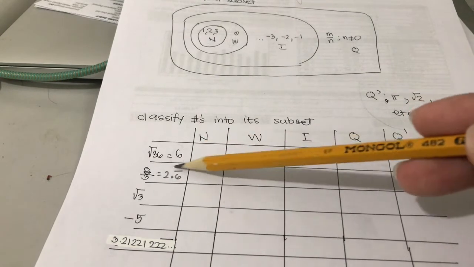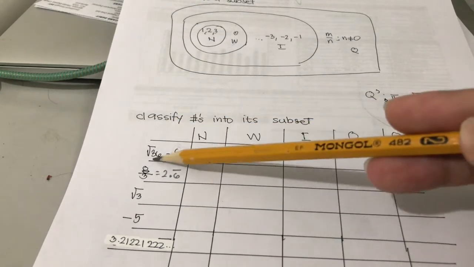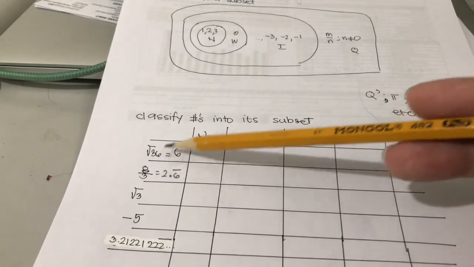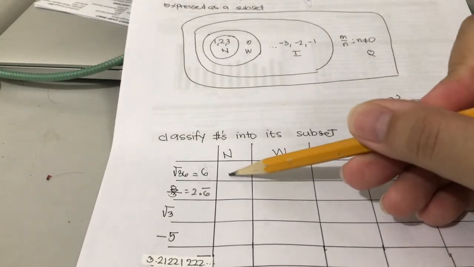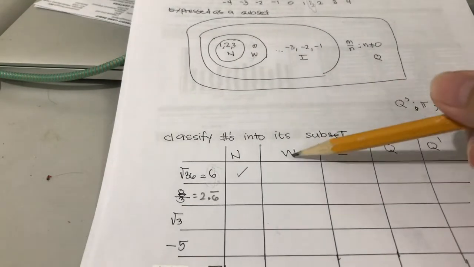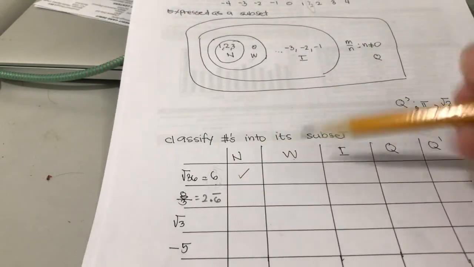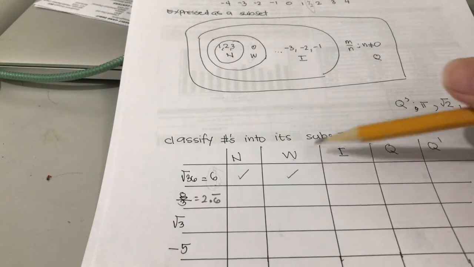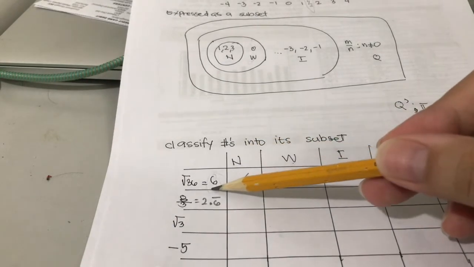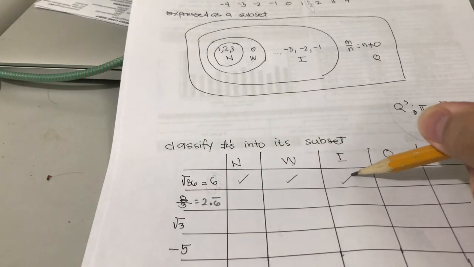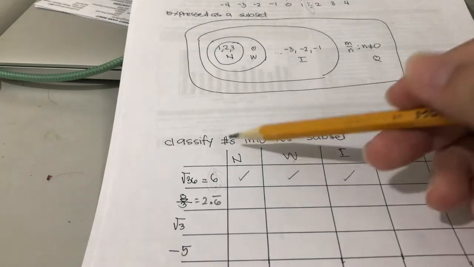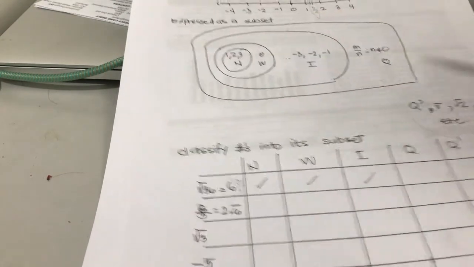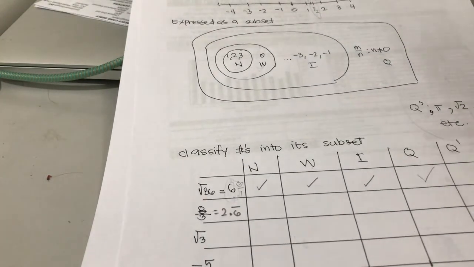Since 36 is a perfect square, we can say that 6 is a natural number. Is 6 also a whole number? Yes. How about an integer? Since this is a positive 6, yes. And as a rational number? Since we could express 6 as 6 over 1, it is a rational number.